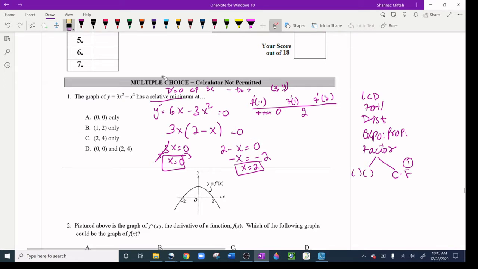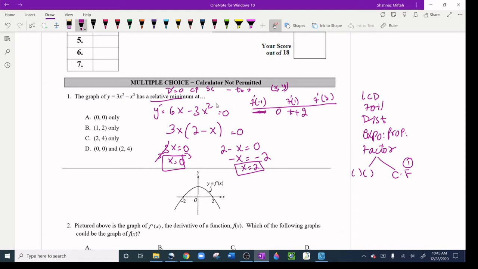I'm sorry, that's not it. Because if I plug in negative 1 here, it gives negative 6, and then minus a negative turns positive. So it's going to give me negative, yes. Then plug in 1. If I plug in 1, it gives me positive.